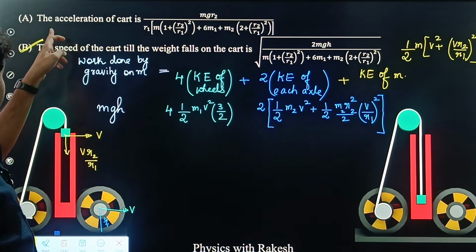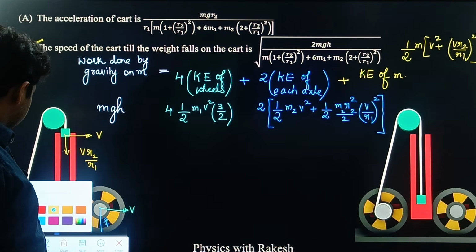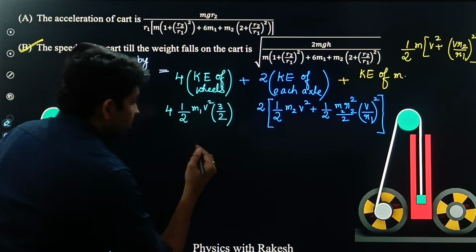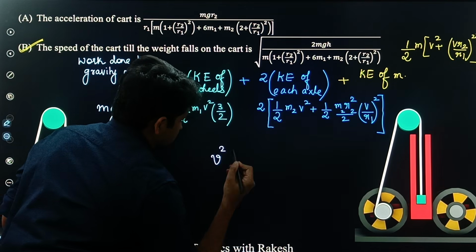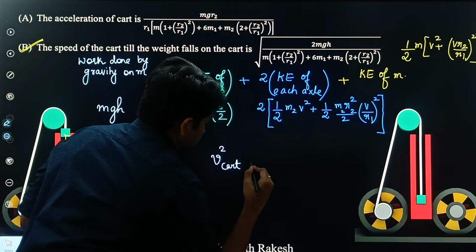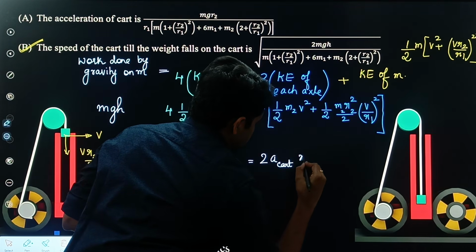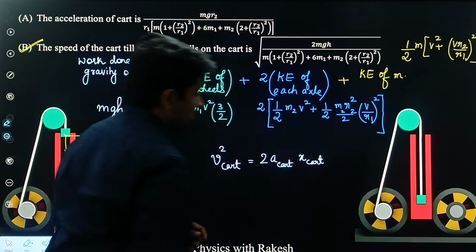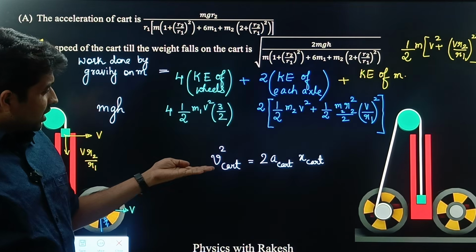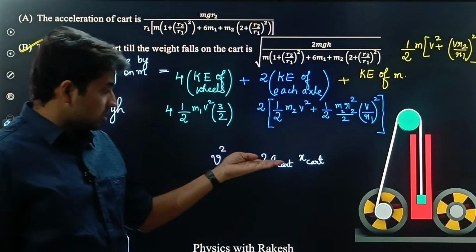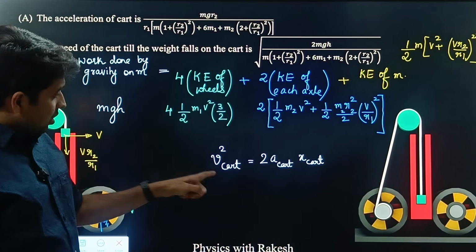The next thing is the acceleration of the cart. So what can we write here? In the question it has been said that it is uniformly accelerated motion. So directly we can write v cart square equal to 2 times acceleration of the cart into displacement of the cart. We got v cart from here.